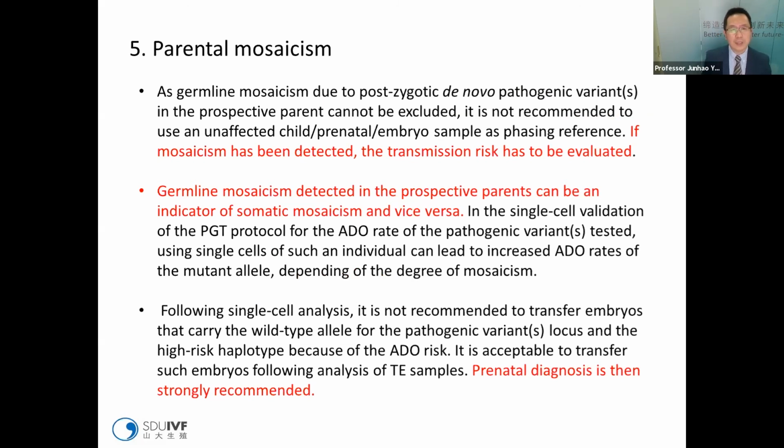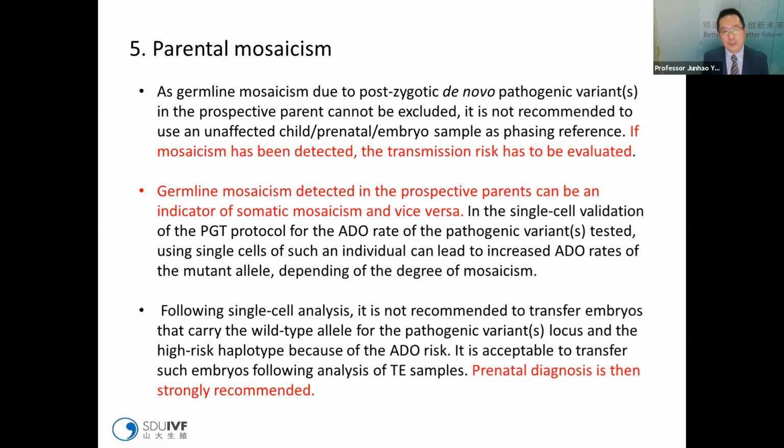If mosaicism has been detected, the transmission risk has to be evaluated. Generalized mosaicism detected in the prospective parents can be an indicator of germline mosaicism and vice versa.